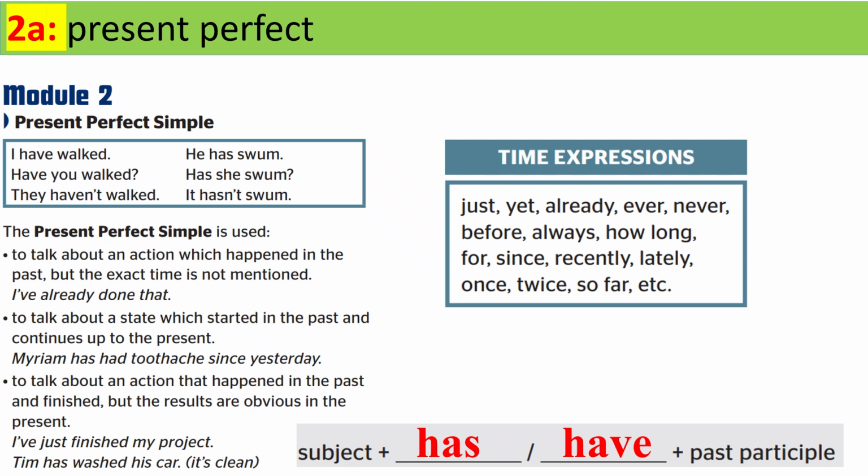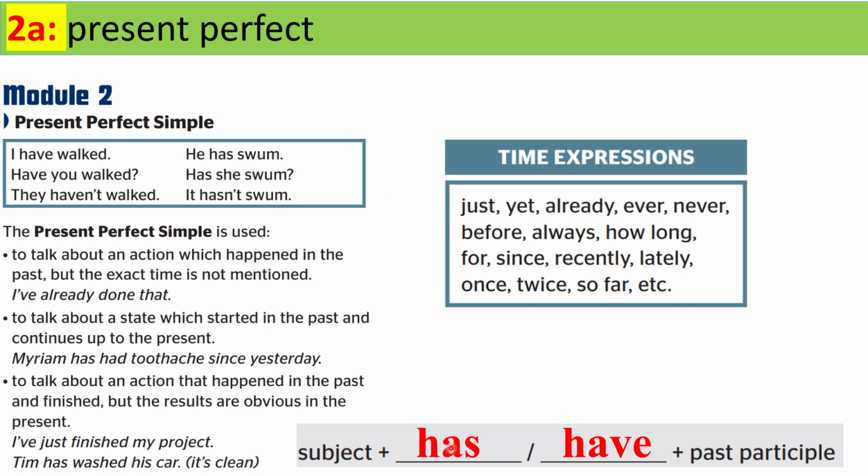Now in Unit 2, we saw the uses of the present perfect. We use the present perfect with expressions like just, yet, already, ever, never, before, always, how long, for plus time phrase, since plus time phrase, recently, lately, once, twice, so far, etc. And this is how we use it.